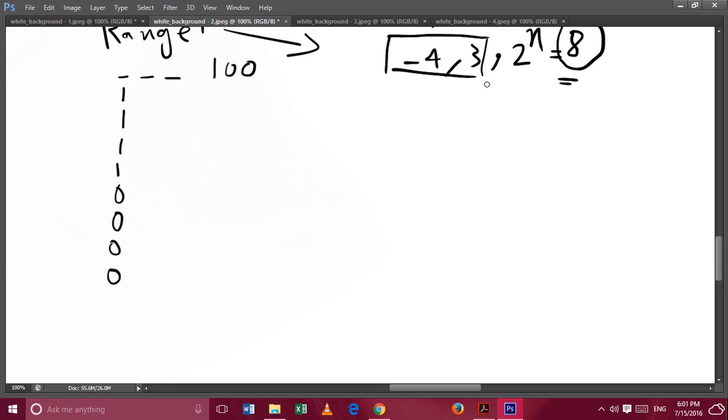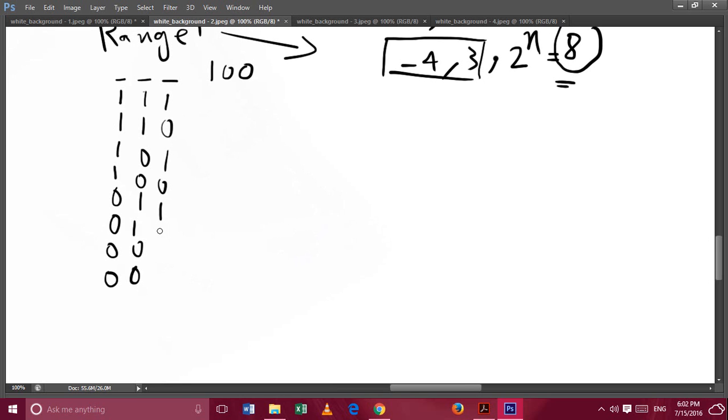Remember that I have 8 combinations, and the first digit will be 4 ones and then 4 zeros. Then you divide by 2, so you have 2 ones, 2 zeros, 2 ones, 2 zeros, and then you divide by 2 again, so that's going to be alternating: 1 0 1 0 1 0 1 0. These are all the combinations.